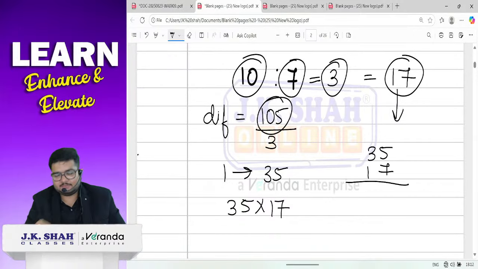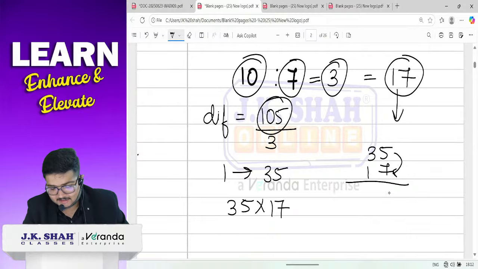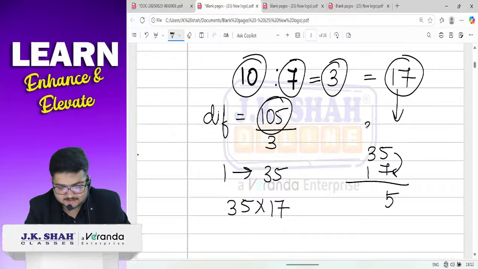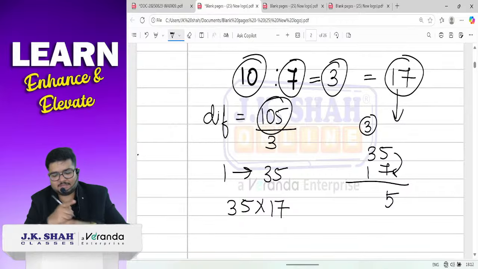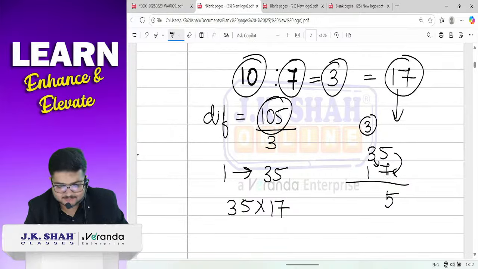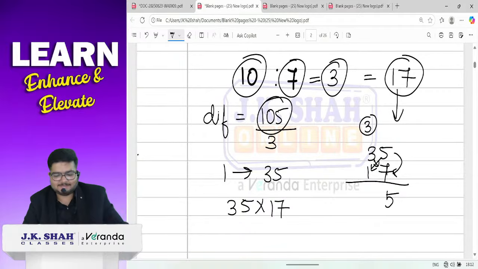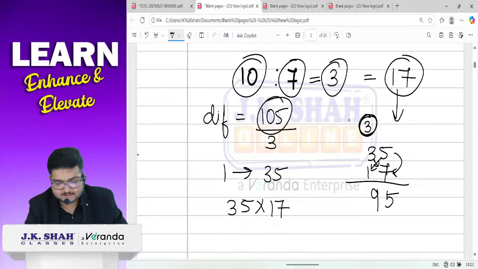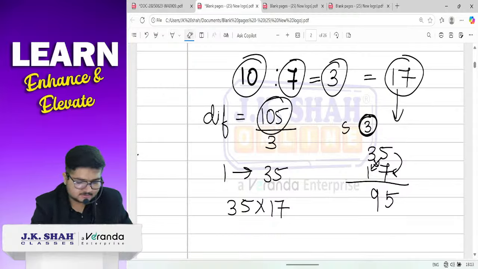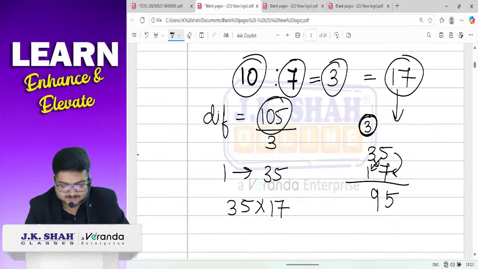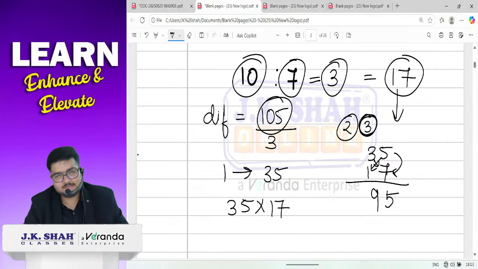Now 35 into 17. First you have to do this multiplication. 5 sevens are 35, so 5 here and 3 carry forward. Right, now you have to cross multiply. 3 sevens are 21 and 5 ones are 5. 21 plus 5 is 26. In 26 you have to add this 3, so it becomes 29. 9 comes down and 2 is carry forward.